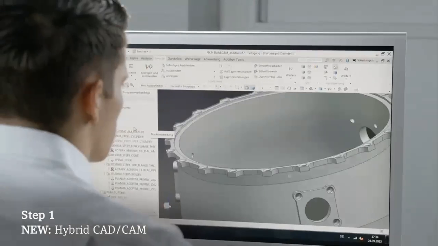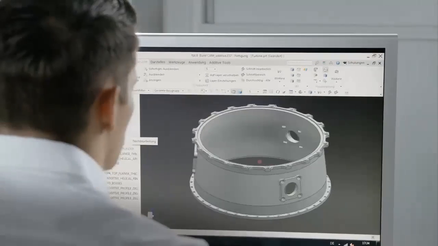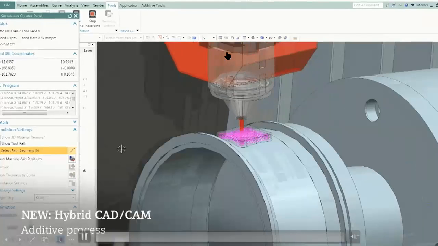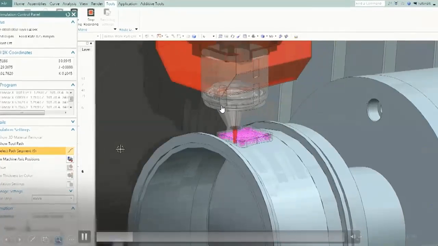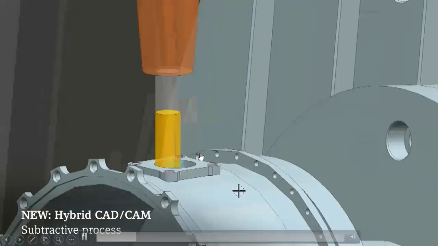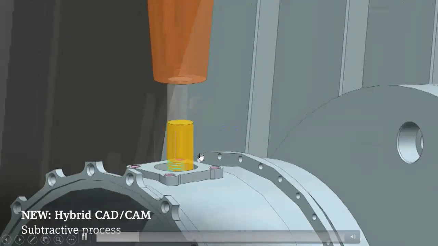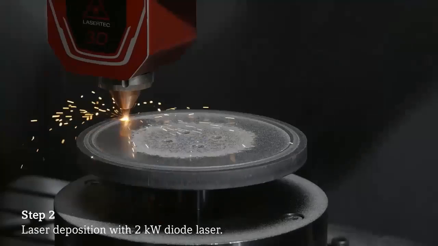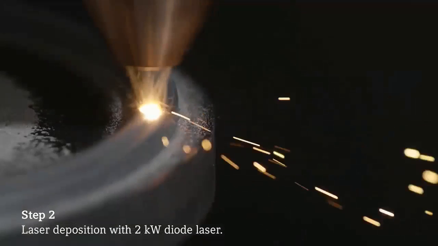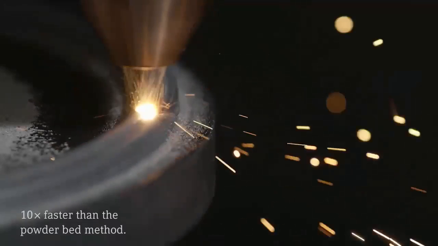Here is the computer. He is designing a particular piece in aerospace. You can see this in the computer, he is making this. This is laser deposition, a kilowatt diode laser working on a workpiece.